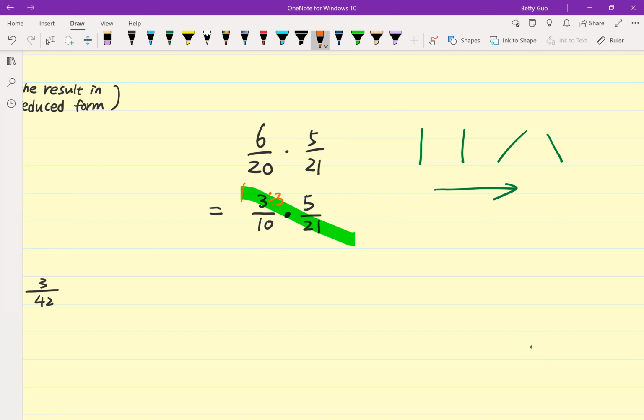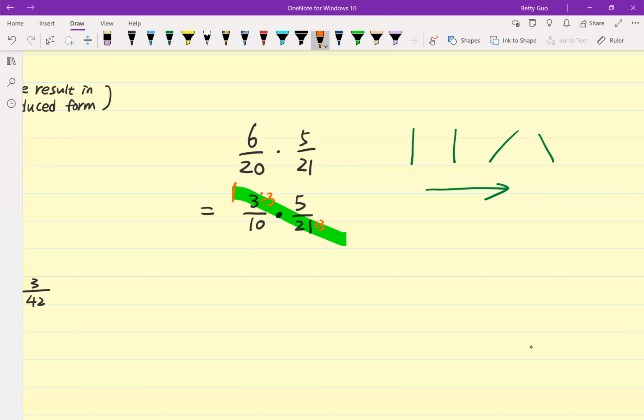We will have a 1 here, right? Divide 3 by 3, we will have a 1. And divide 21 by 3, we have 7. So the left top becomes 1. Right bottom becomes 7. So far so good?